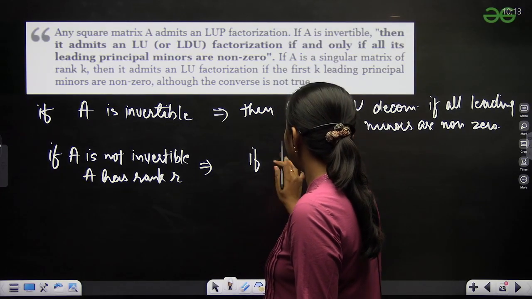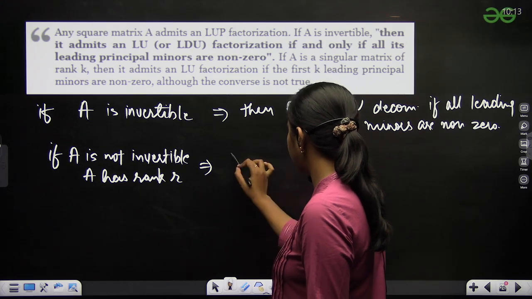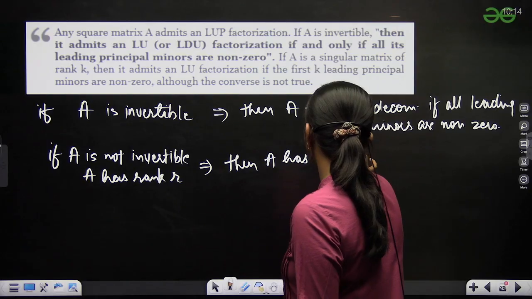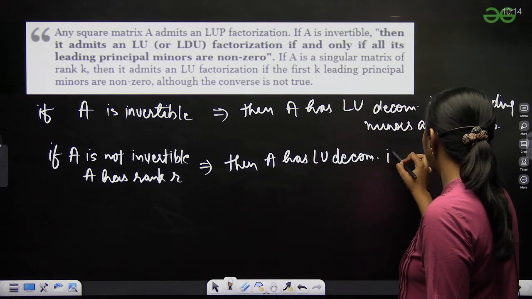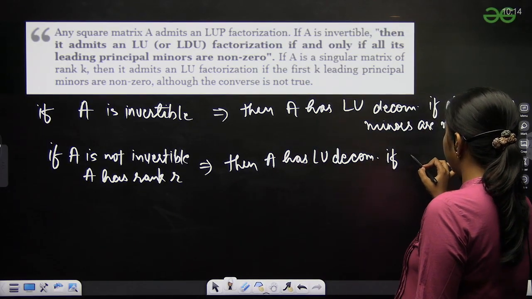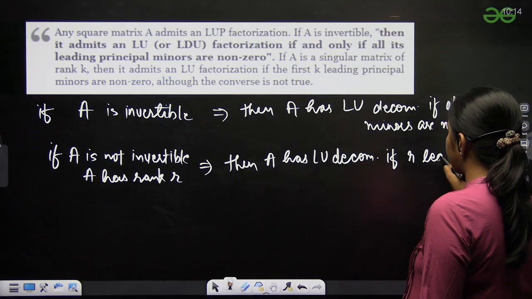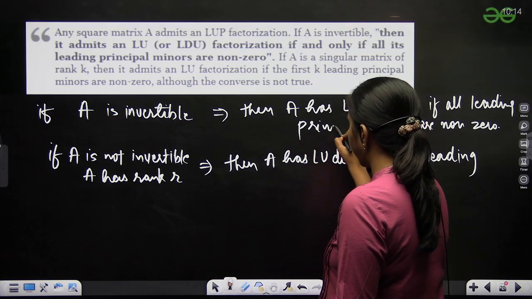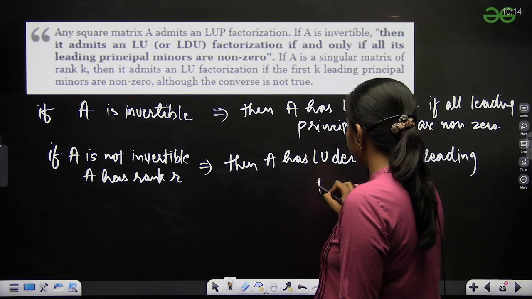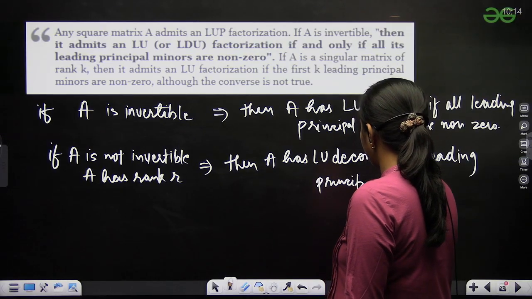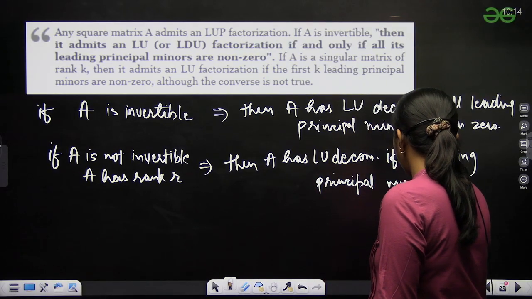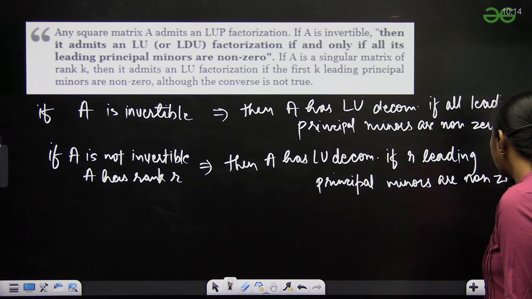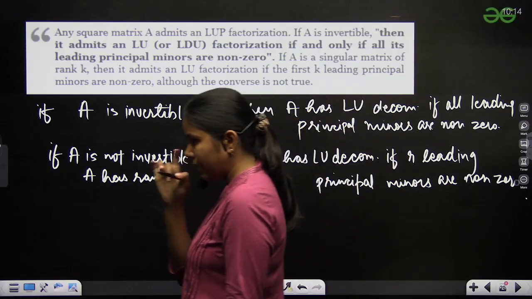Then A has LU decomposition if the R leading principal minors are non-zero. Write leading principal here, because they should be principal minors.